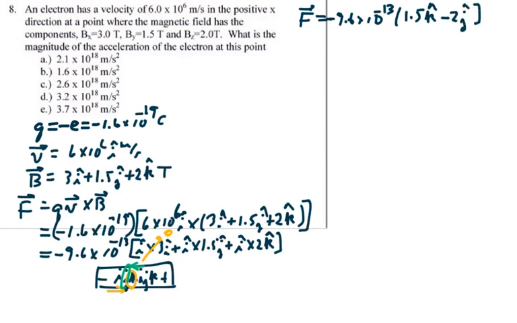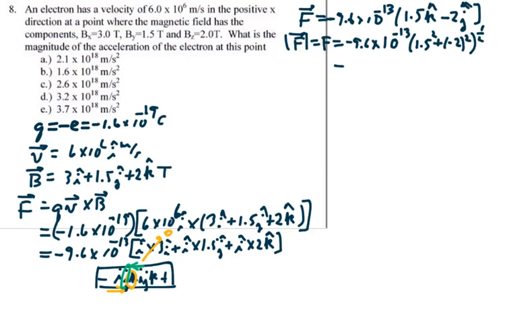And that is our vector force from this cross product. We want to find the magnitude of that force. So the magnitude of this force, which I could just call F, would be equal to negative 9.6 times 10 to the minus 13 times the square root of 1.5 squared plus negative 2 squared.